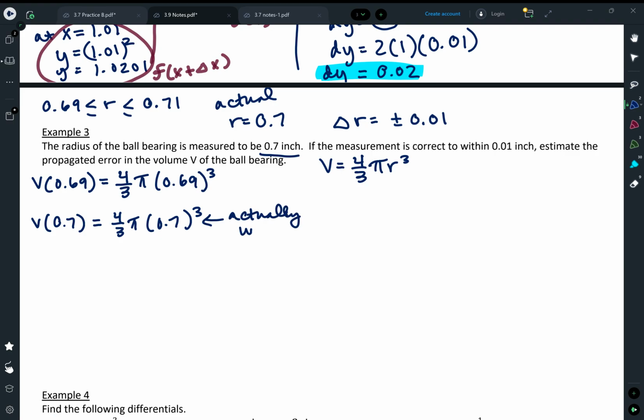This is like the accurate one. And this is when our delta R is negative 0.01. And then we think about, well, what happens if it's a little bit more? That would be 4/3 pi times 0.71 cubed, and this is when our delta R is 0.01, right?